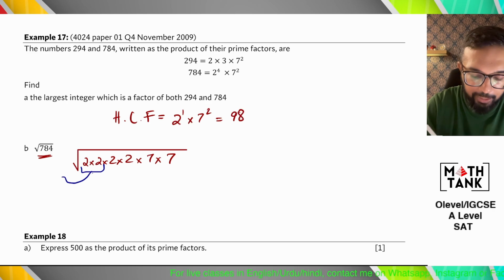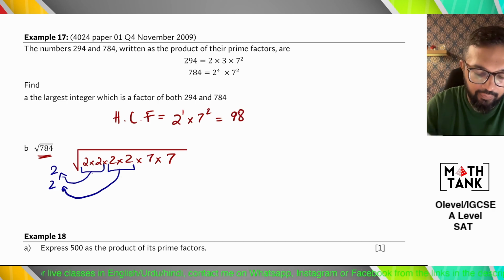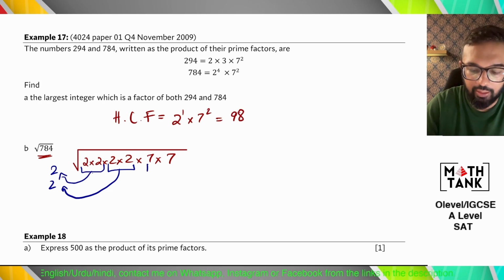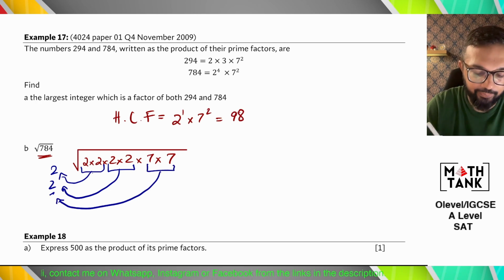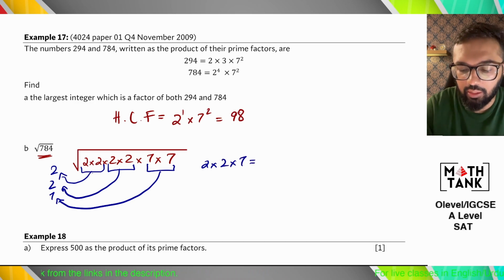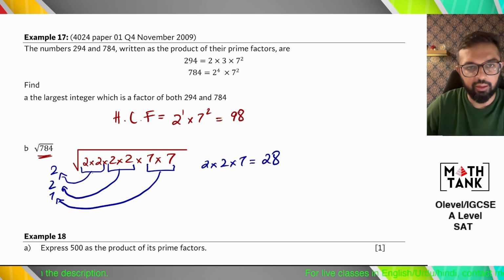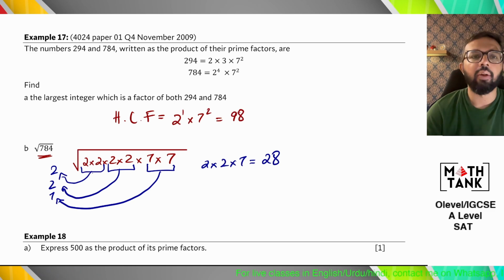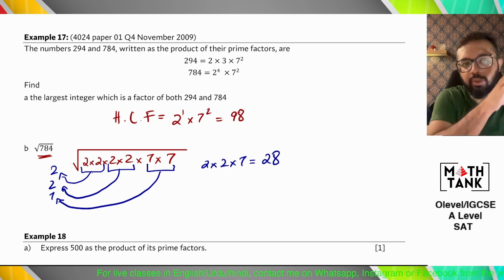So there's going to be a pair of twos that becomes a single two, another pair of twos that becomes a single two, and there's going to be another 7. 2 into 2 into 7 is the square root of 784. I am assuming and hoping that you've done these square roots before. If this was cube root, I would make groups of 3, combine them into 1, and bring them outside like that.